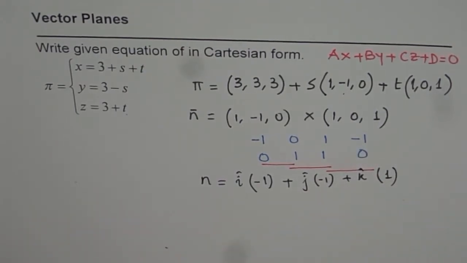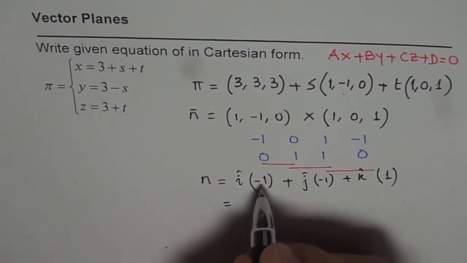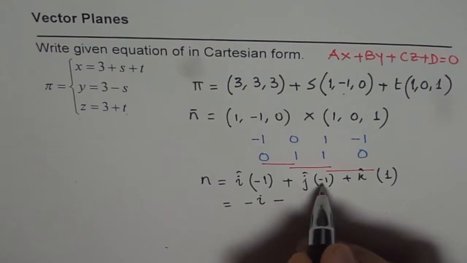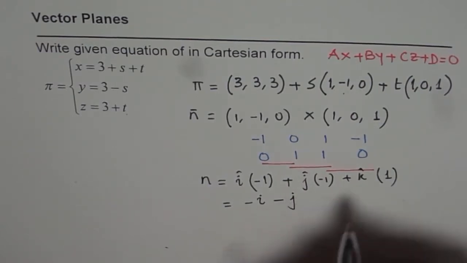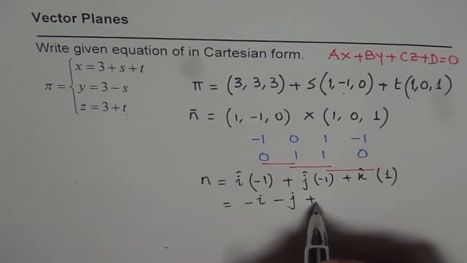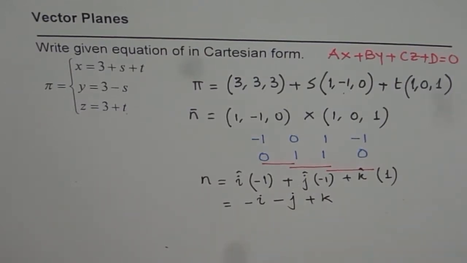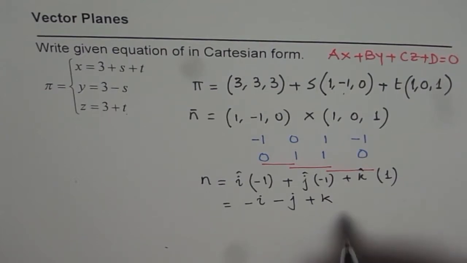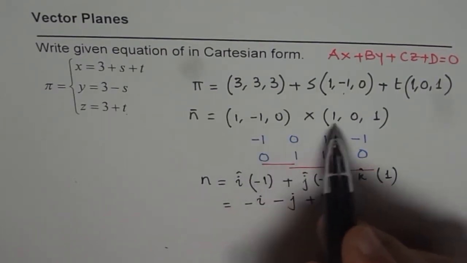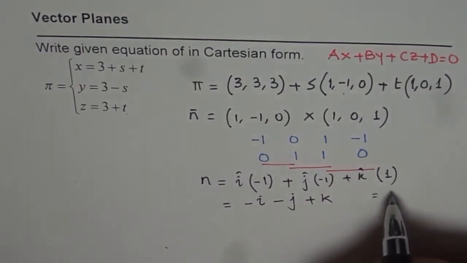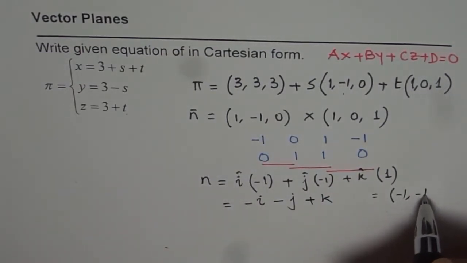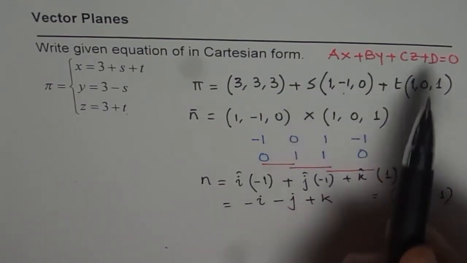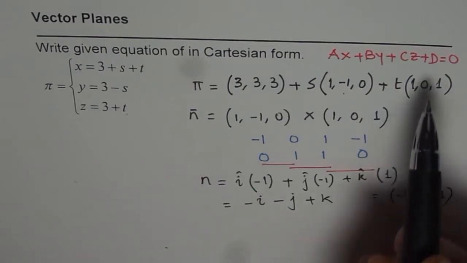So the normal vector is minus i, plus times minus is negative, so minus j, plus k. We can also write it in the other form, which is minus 1, minus 1, and 1, right?